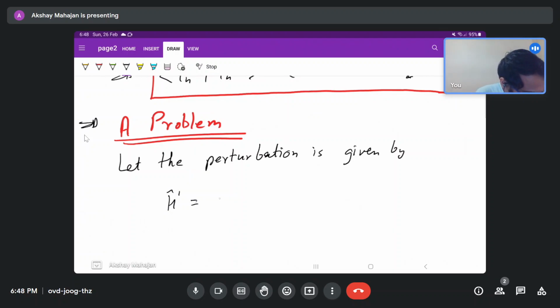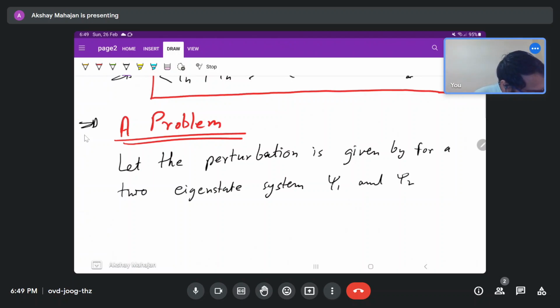Alright, I will write this h cap prime as a matrix. When I write a matrix, I mean for a two eigenstate system.